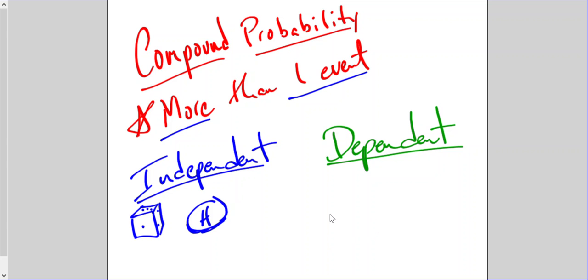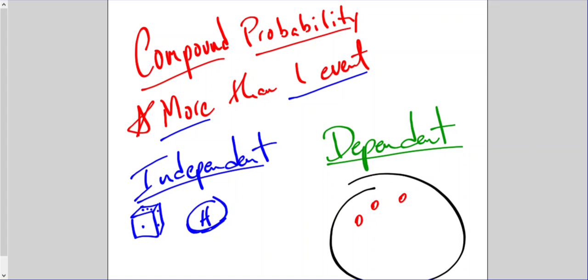Dependent events would be, let's say I have a bag of Skittles, and I have some red ones, and I have some green ones, and I have some blue ones. And let's say I take one of those Skittles out. Let's say I take out a red one and I eat it. The bag is now different from what it was before.